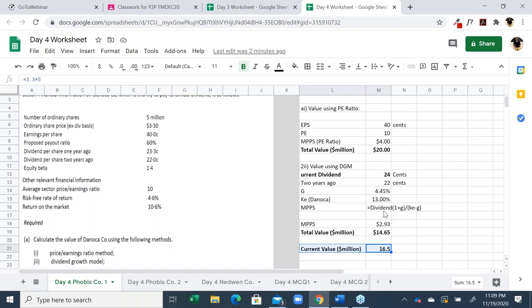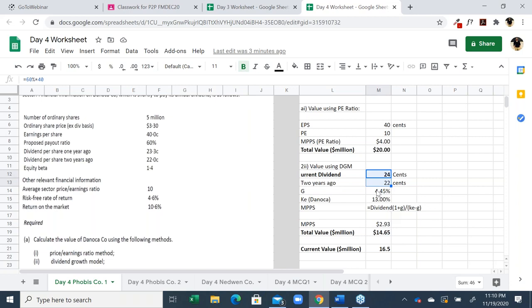And that growth rate was for the past dividends, and that even for only 2 years. We just picked up 2 years and used the historic growth rate for predicting the price of the company.